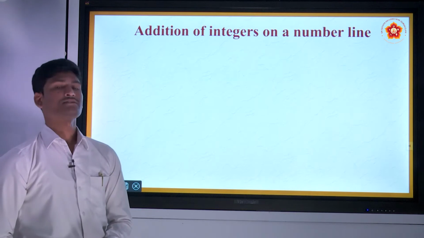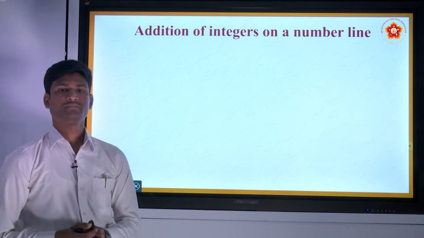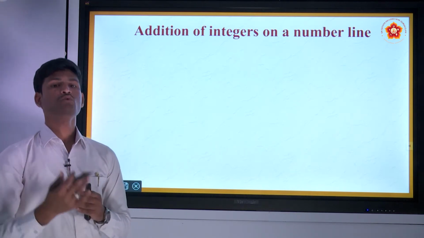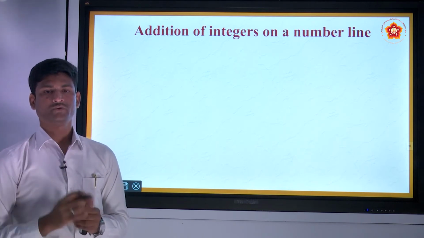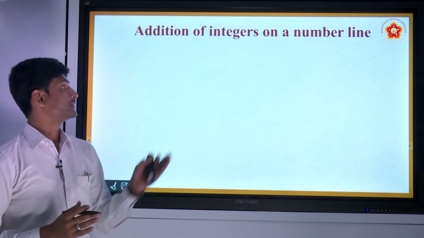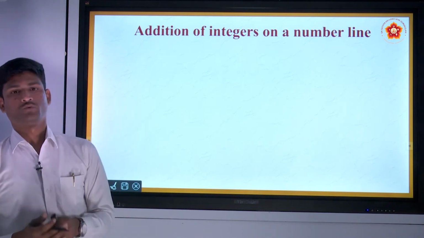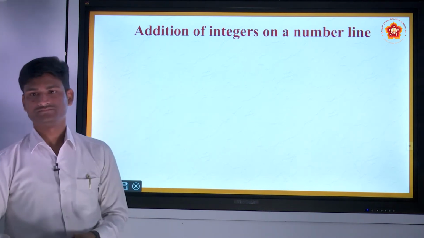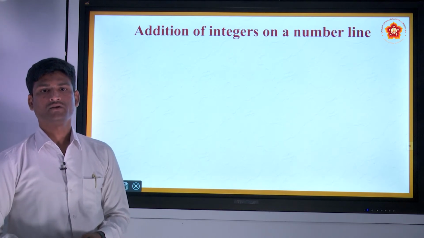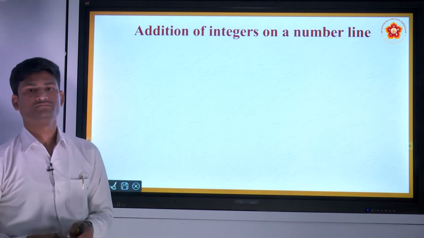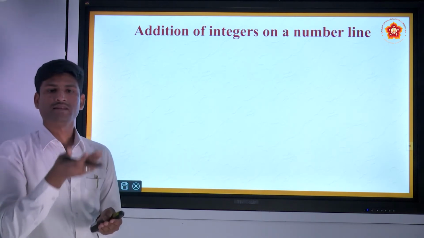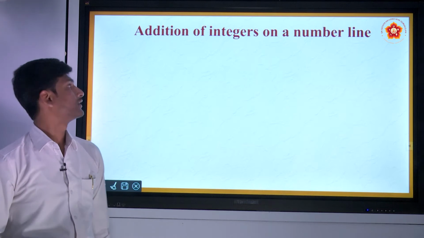Then addition of integers on a number line, right? When we move from the ground floor to the terrace using stairs, we move step by step, that is addition, right? When we move from the terrace to the ground floor, that is subtraction, less, right?